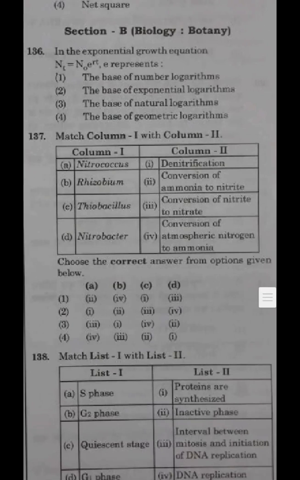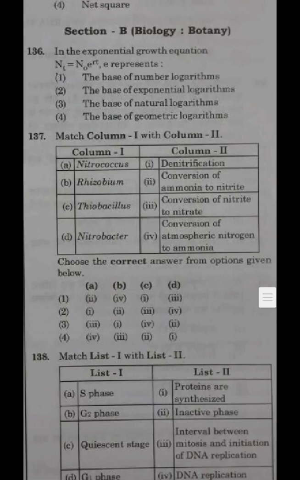We know that amino acid to ammonia is ammonification. Then ammonia gets converted into nitrite, and ultimately into nitrate. Here we know that the Nitrococcus bacteria is responsible for conversion of ammonia to nitrite.